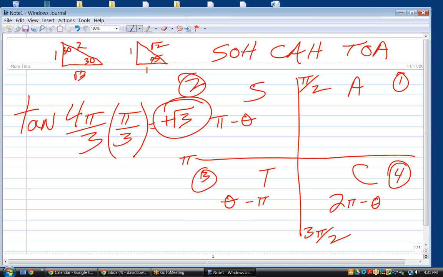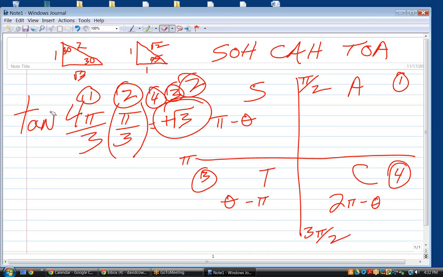So it's always the same steps. Identify the quadrant. That's step 1. Figure out what its equivalent first quadrant angle is. That's step 2. Step 3 is to figure out what its numerical value is, and step 4 is to put a sign on it.